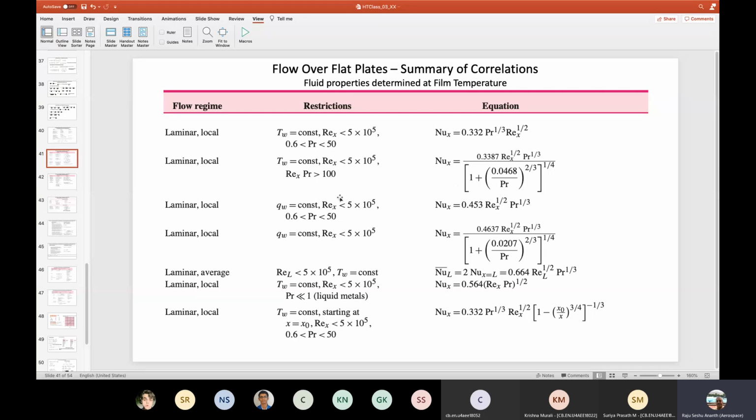Still laminar, and again Prandtl number between 0.6 and 50. Then here this is Reynolds number multiplied by Prandtl number greater than 100. That's what this is, not Prandtl number alone. So that's a product of the two. Now the difference between this and this is, here the temperature of the plate is constant.